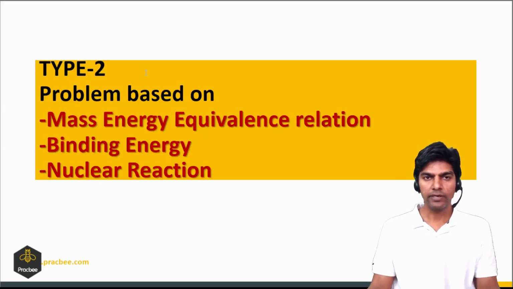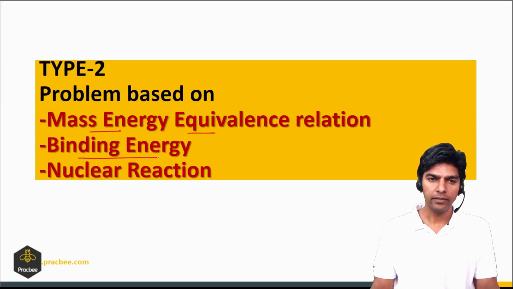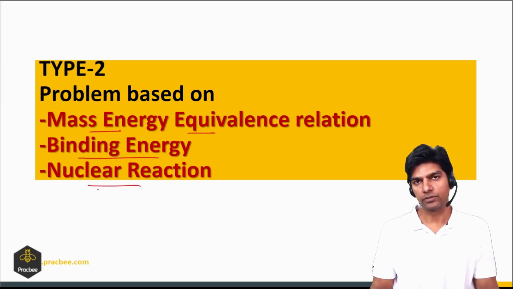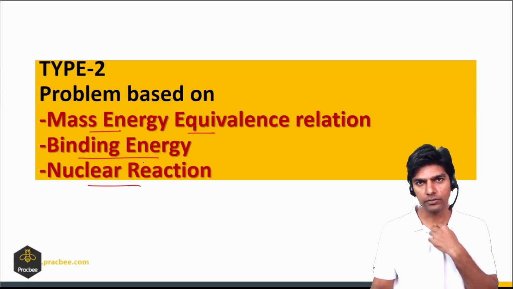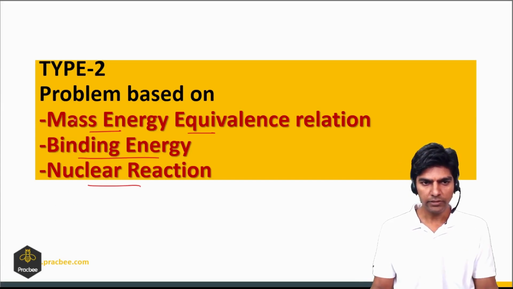Right, so now let us see the next problem type, and it is based on the mass energy equivalence relation, the binding energy and the nuclear reaction. All these three are related to each other, so that's why I clubbed all the numericals together. So let me quickly tell you what is the mass energy equivalence relation.